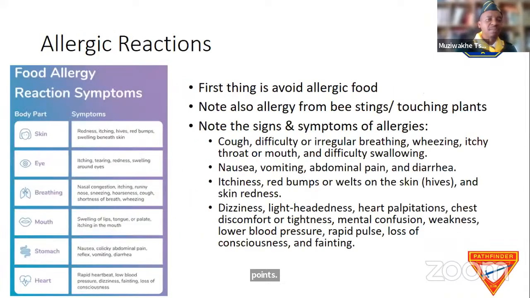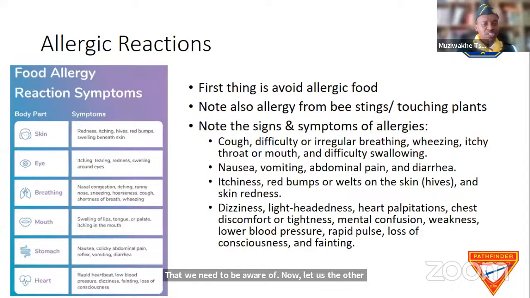Now, leaders, the other important thing that I just want to bring to our attention is the food allergy reaction symptoms and the body parts where we may see some of the signs and symptoms of allergic reactions. One of them is the skin. It might be presenting with redness, or the child might complain of itchiness, or they might develop hives on their skin.